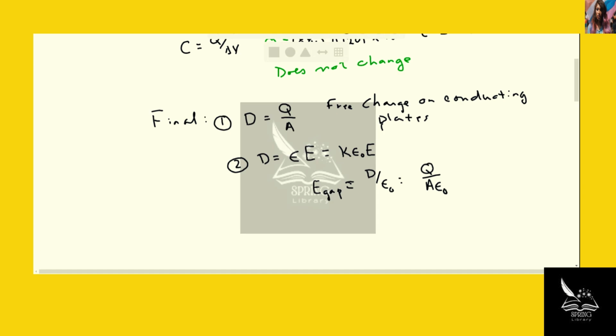And we know the charge now. Remember, that's not changing. And we know the area, and of course we know epsilon naught. I won't write it in. It's the permittivity of free space. And when you calculate that, you get the electric field in the gap.